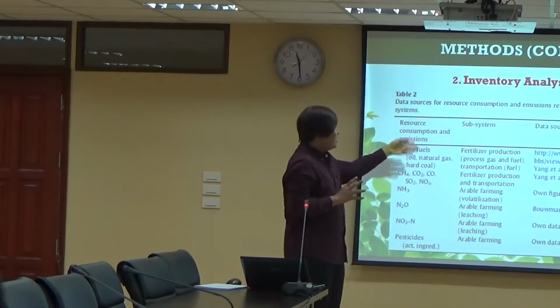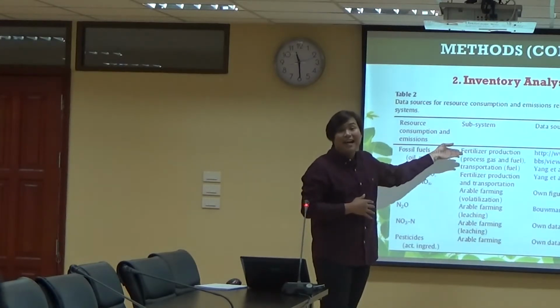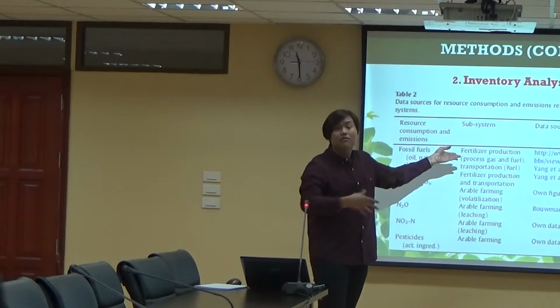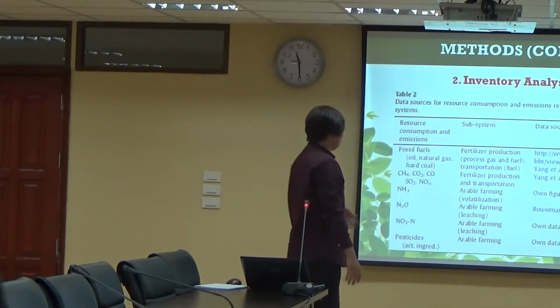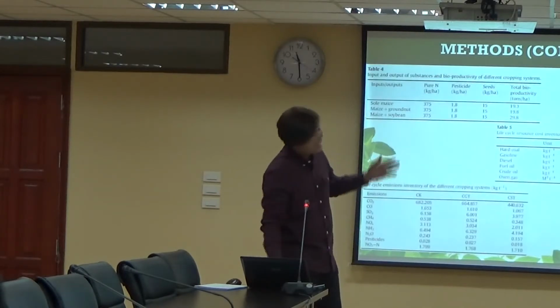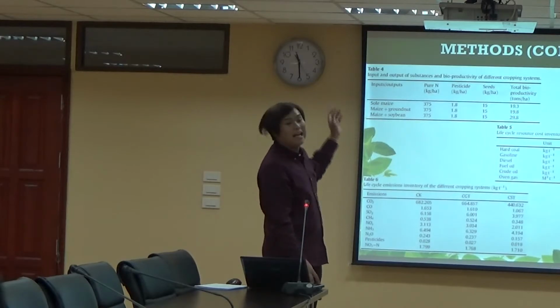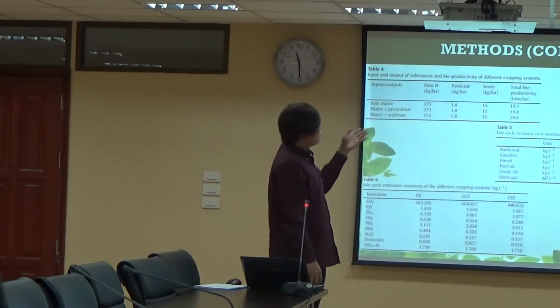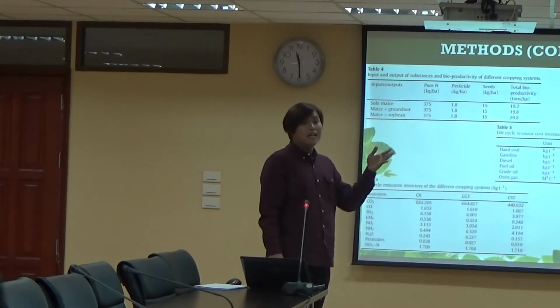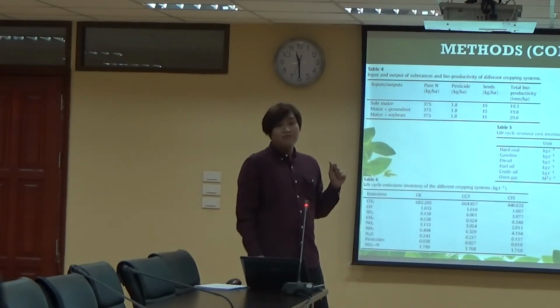Sometimes it's from the paper, or sometimes it's from the standard that is published on the website. Okay. When we have the data, this is the example of the data. You can see table 4 is the input and output of substance, table 5 is the life cycle resource, and table 6 is the life cycle emission.